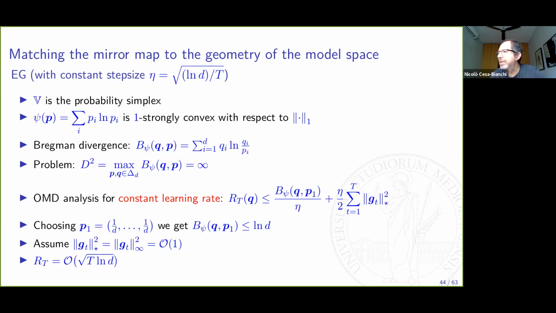So you see now the interplay here, and this is the question of Pierre Cyril. The mirror map has to be strongly convex with respect to some norm, and the dual of this norm is what you measure the norm of the gradients against. For the simplex, you end up with the one norm, and then the norm of the gradients is measured with the infinity norm. So you get rid of the dependence on d in the norm of the gradients.